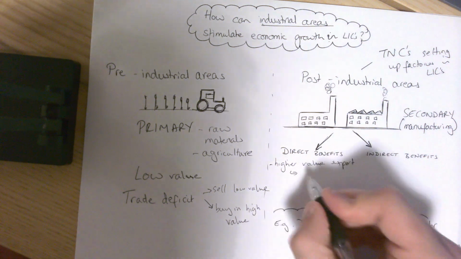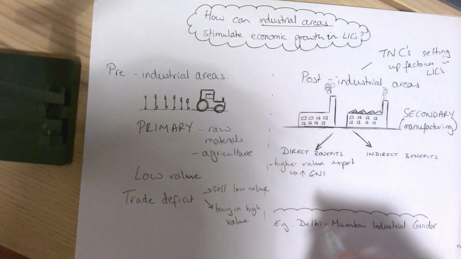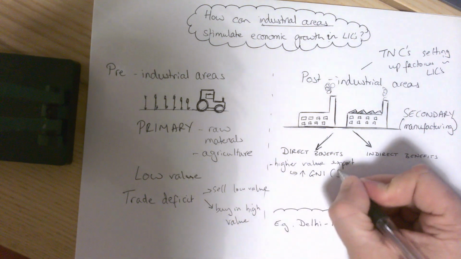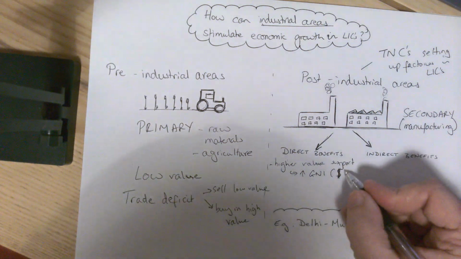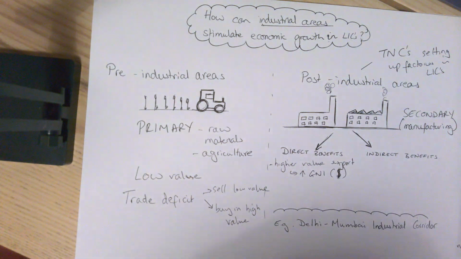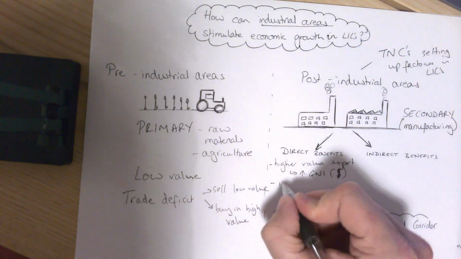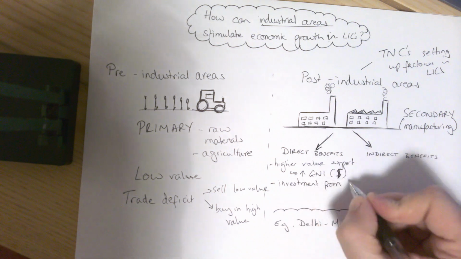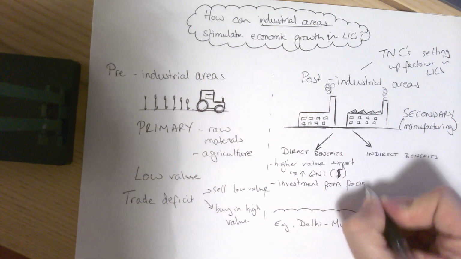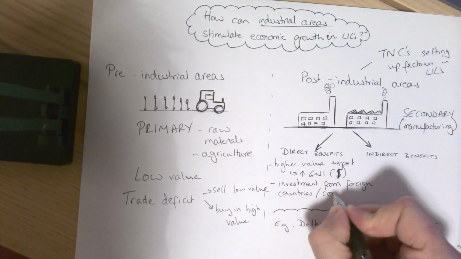This is going to massively increase their GNI, their gross national income, which is basically the amount of money they have as a country. Think about it, if you're selling something that's very valuable versus something that's low value, you're going to make more money. On top of this, they're going to get huge amounts of investment from foreign countries or companies.